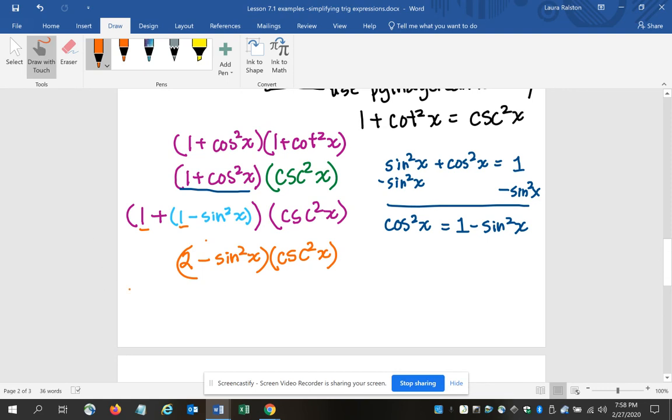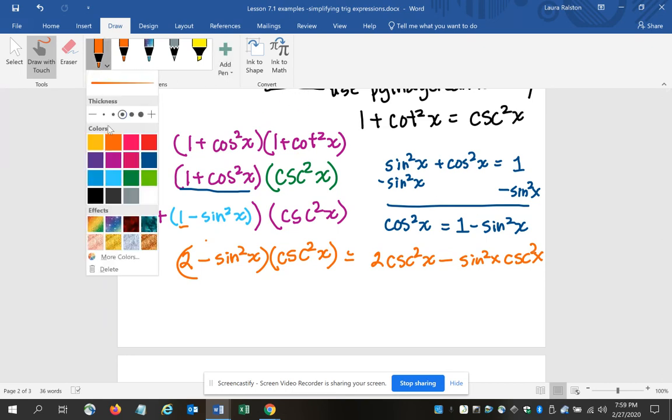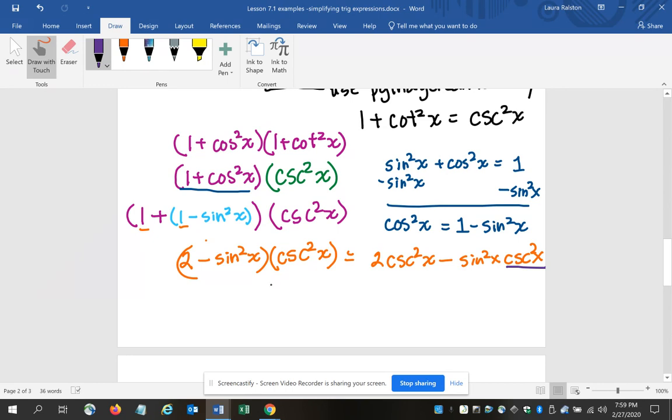We could distribute at that point. We have 2 cosecant squared x minus sine squared x cosecant squared x. But then I remember from just a few minutes ago that cosecant is the reciprocal of sine.